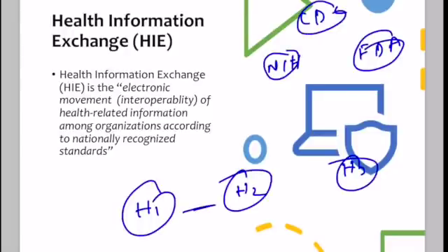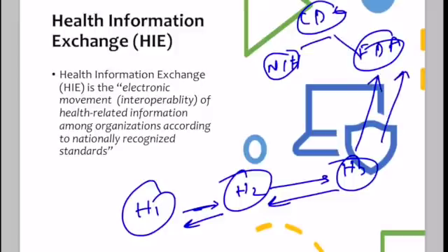Moving, sharing, and exchanging of the data among these organizations is called health information exchange, and that would only be possible if it is according to the nationally recognized standard.